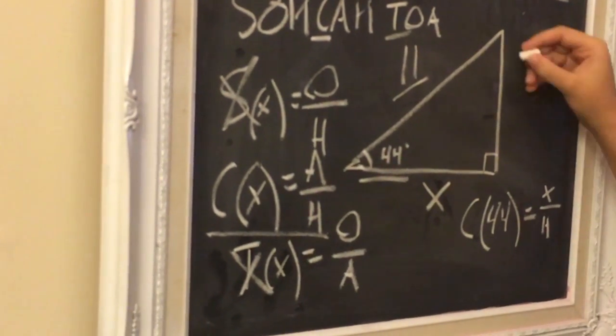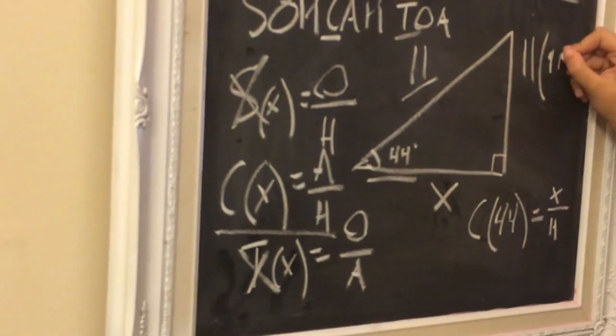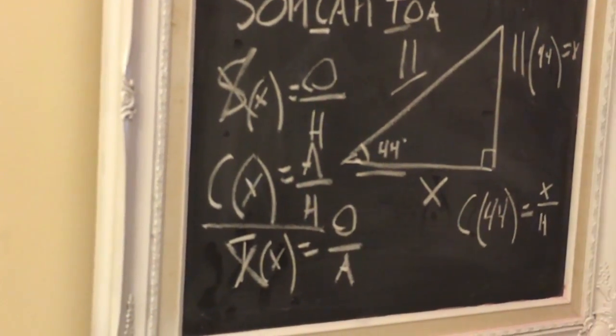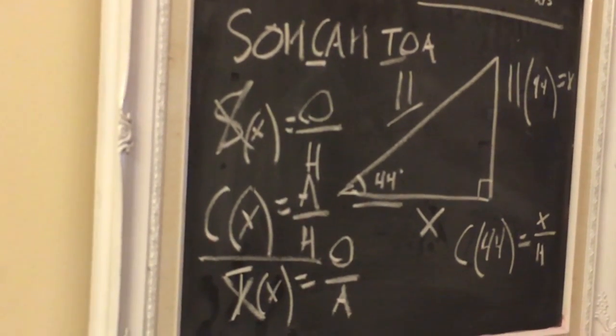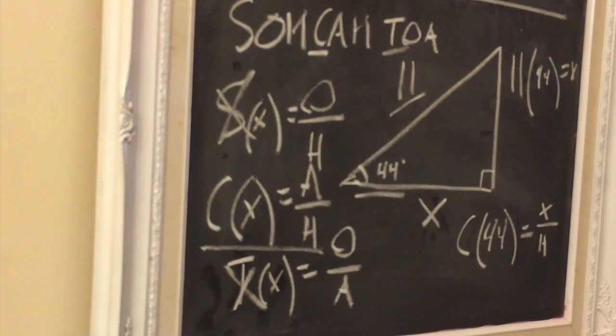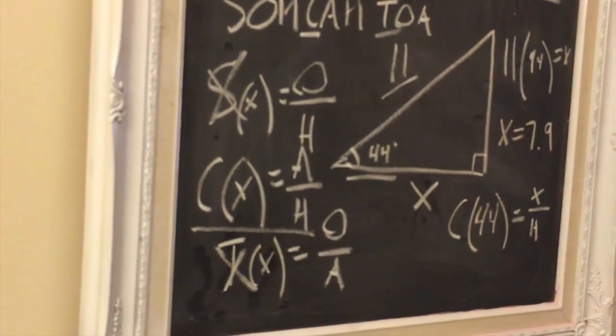Whenever you solve this, you end up with 11 cosine 44 is equal to x. So x equals 7.9. Correct!